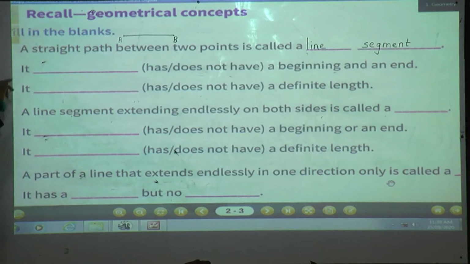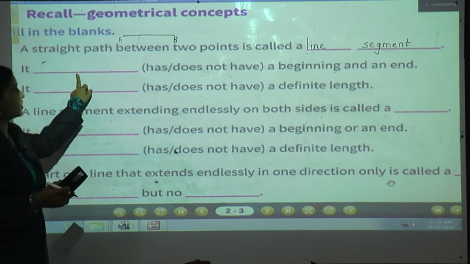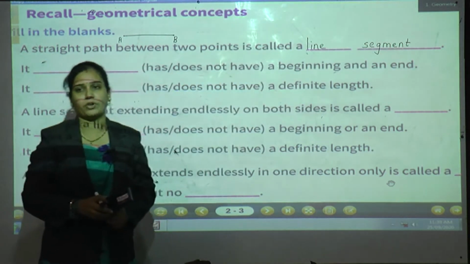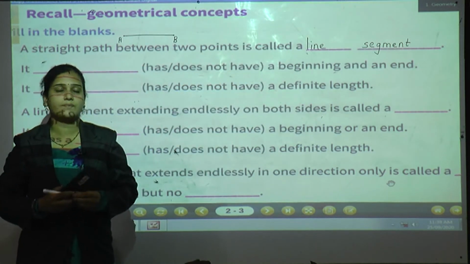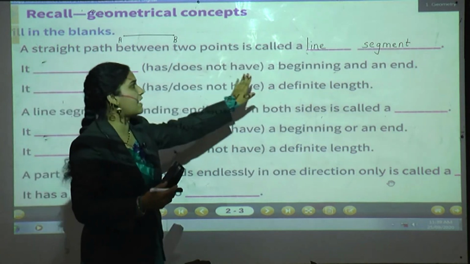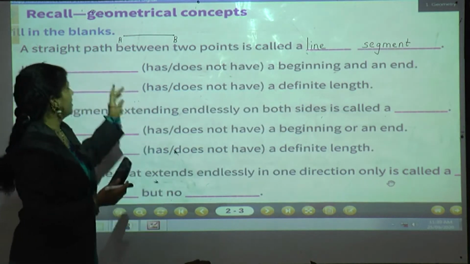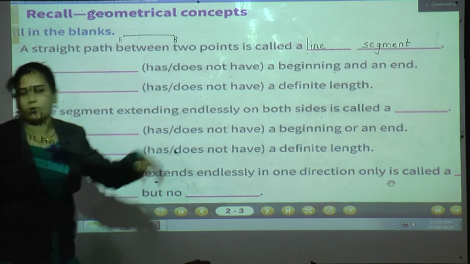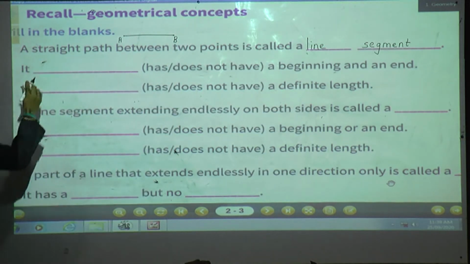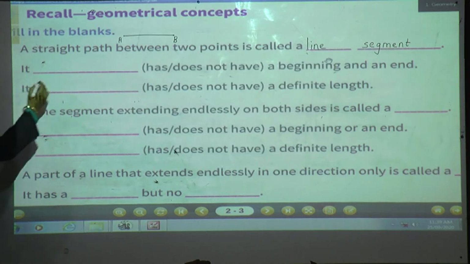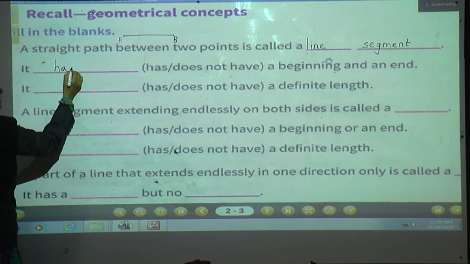Then next one, it dash has or does not have a beginning and end point. What is the answer, students? It has a beginning point and an end point also. So our answer is, it has.